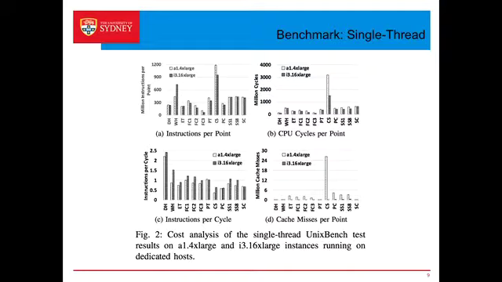Then we look at subfigure C. I3.16xlarge achieves higher instructions per cycle in all tests except for pipe throughput and system call overhead. Now let's look at subfigure D. A1.4xlarge encounters more cache misses to achieve a point.